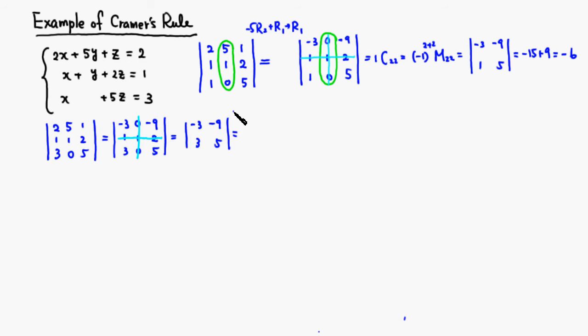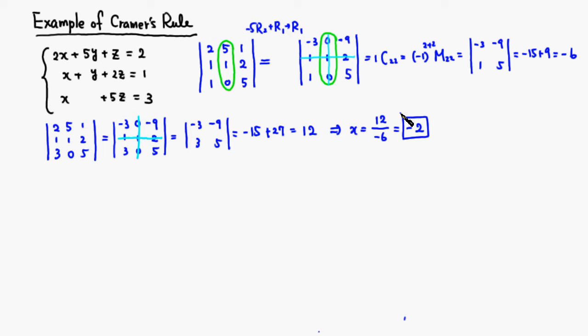So this is going to be -3 times 5 is -15 minus -9 times 3, so 27, so plus 27. So this is going to be 12. So this tells you that the x value is going to be 12 divided by -6. So it's -2. So we found the x value.